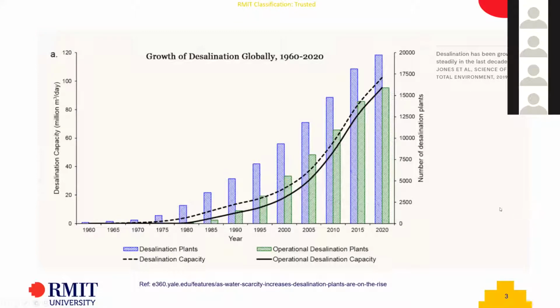Most of the major seawater desalination plants in Australia were constructed and completed during 2005 and 2015. As we can see, this is an exponential trend showing that desalination is becoming an attractive and also practical way to produce fresh water.